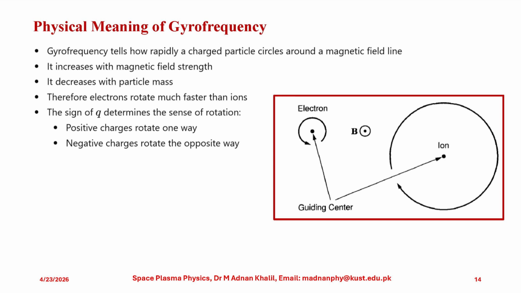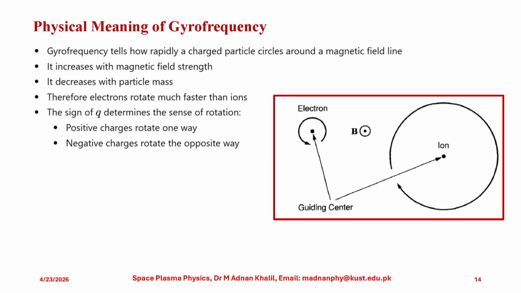The physical meaning of gyrofrequency is straightforward but very important. Gyrofrequency tells how rapidly a charged particle circles around a magnetic field line. It becomes larger when the magnetic field is stronger because the magnetic force is stronger. It becomes smaller when the particle mass is larger because heavier particles respond less rapidly to the same force.